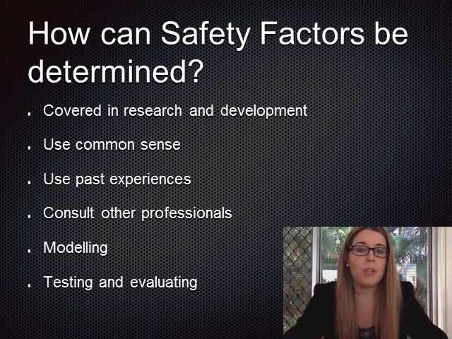Safety factors for a project can also be determined through modelling the scenario in multiple ways. This is because testing and evaluating prototypes and models are important to identify and raise safety factor issues. Therefore, this can lead to modification to the original design.